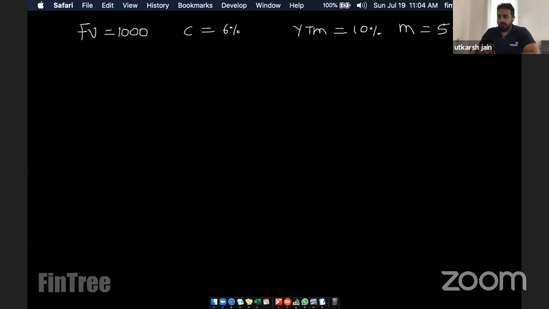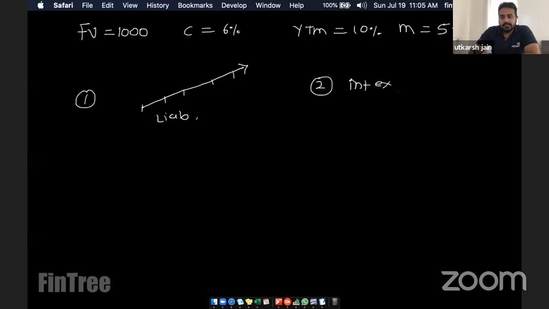Now, what I want you to do with this is, question number one: build our usual arrow and calculate the liability for each year. Then in question number two, calculate the interest expense for each of the 5 years.